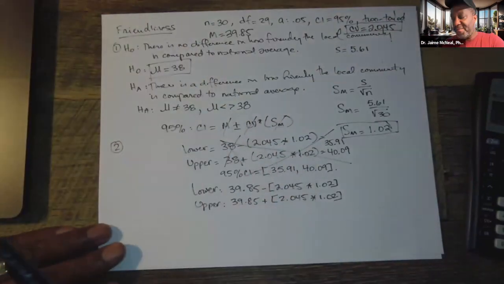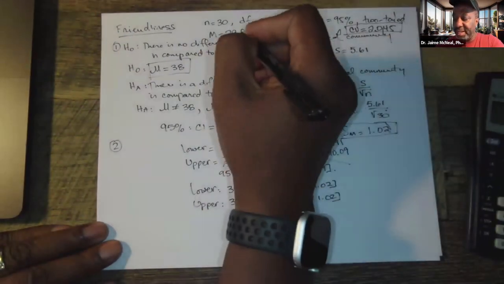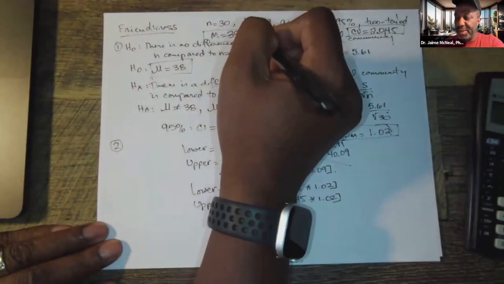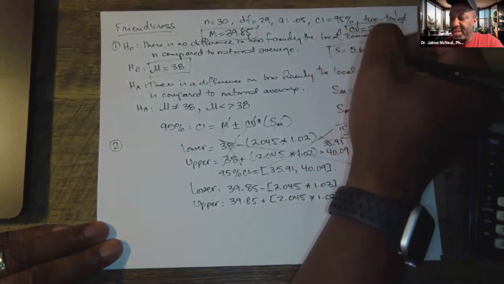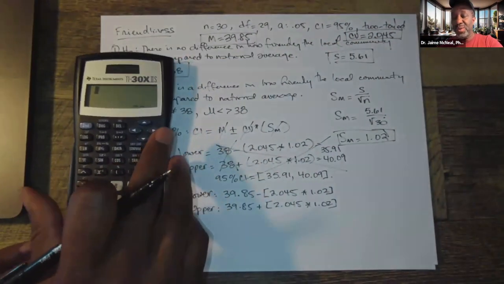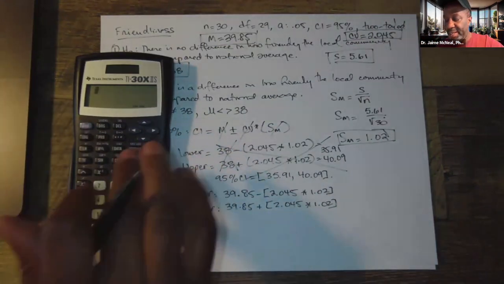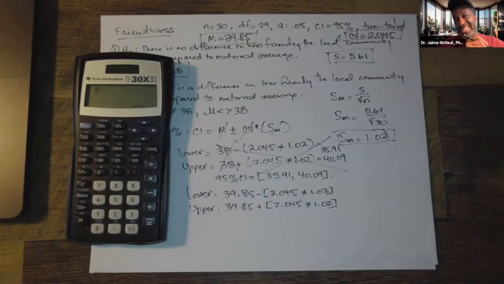That's what the confidence interval is going to tell us. Based on this data that we collected with a standard deviation of 5.61, it's going to tell us what is likely to be the lower and upper range of the community that we sampled, and then we can test to see if 38 is in there.